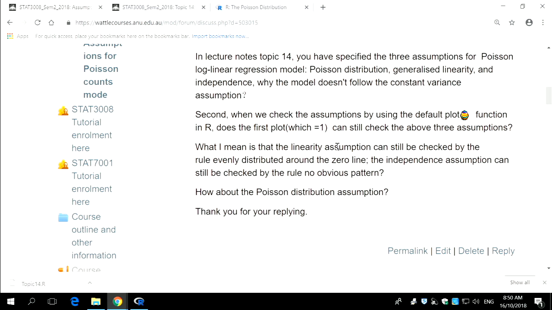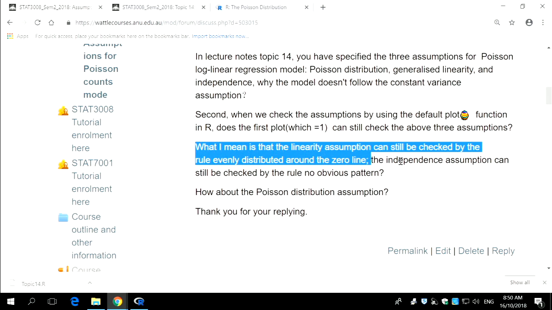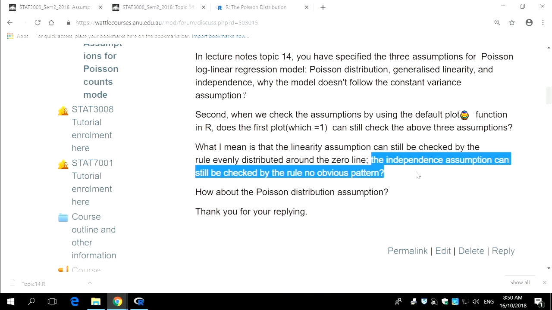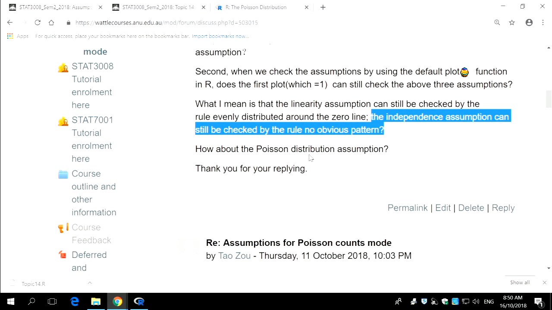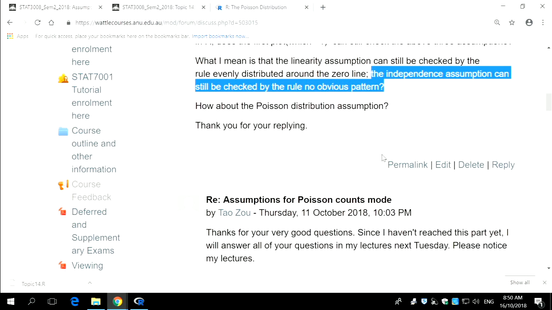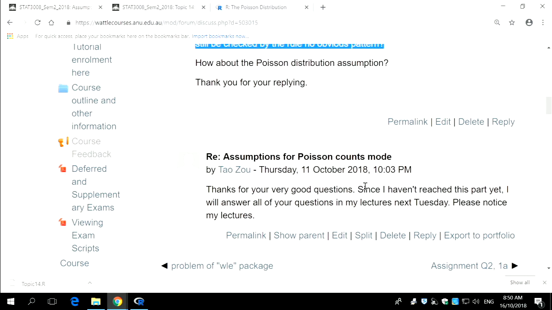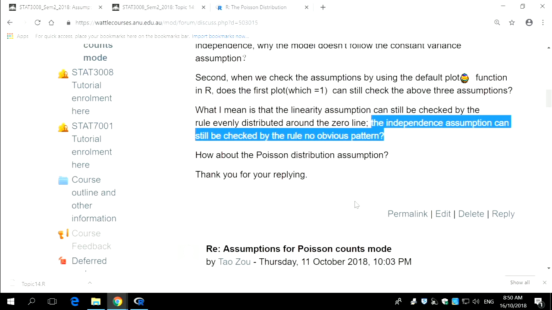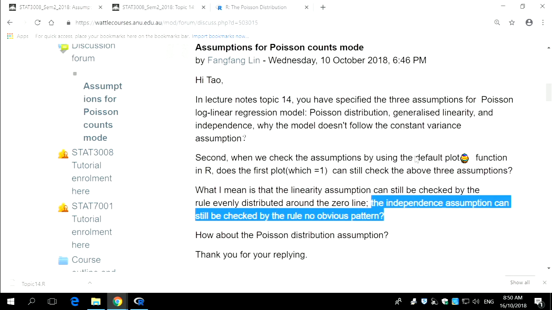And the second question is, if we can use this plot to check the linearity assumption, how can we check the independence assumption? And how can we check the Poisson distribution assumption? I'm going to answer this question now. Based on this motivation from the student, let's look at how to check these three assumptions of the Poisson log linear regression model.